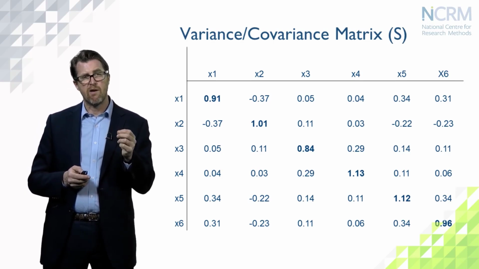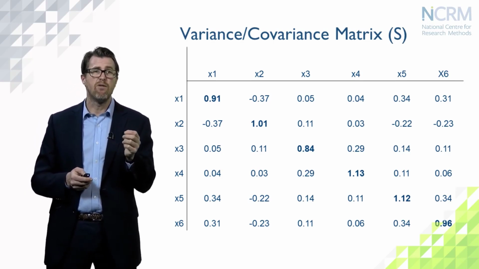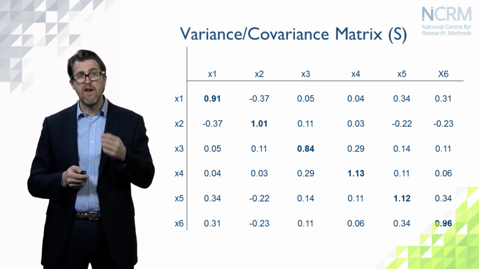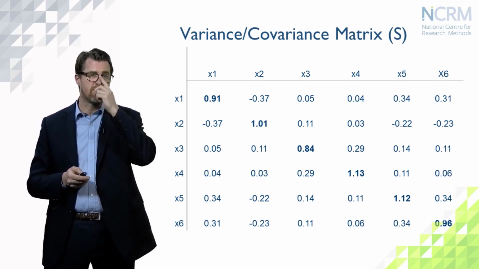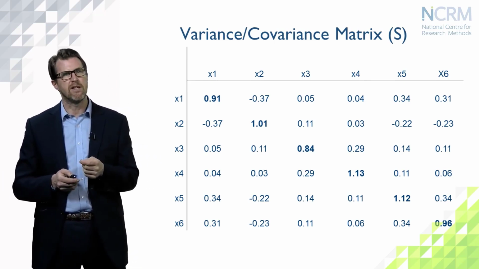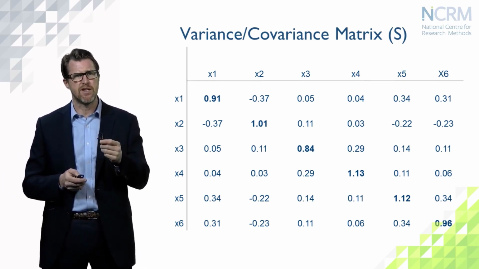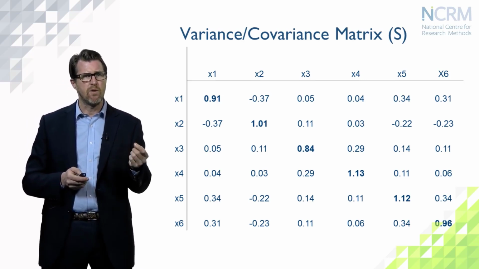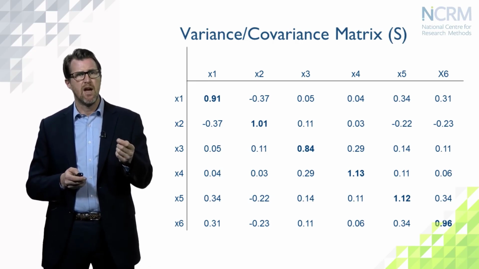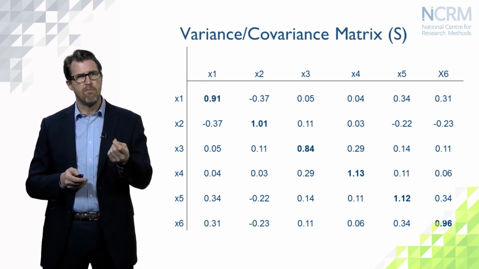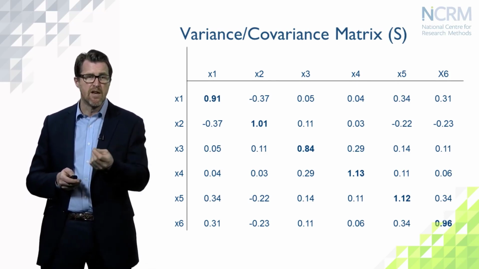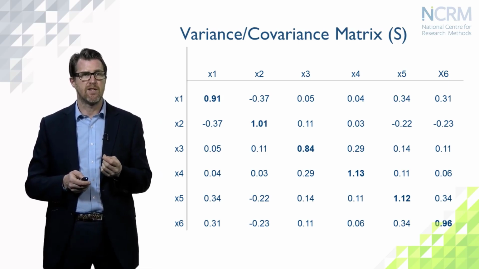So the covariance of a variable with itself, in this case x1 and x1, gives us the variance of that variable. Those are shown in bold on the main diagonal. Then we see in the other cells the covariances, which can be negative or positive. And you'll observe that the top part of the matrix is redundant with the bottom part. So we actually only need the lower part of this matrix.